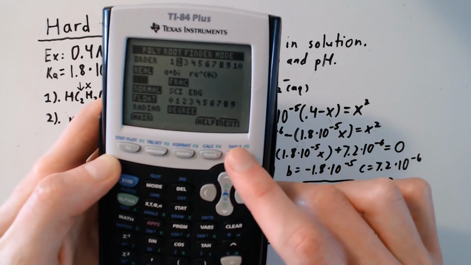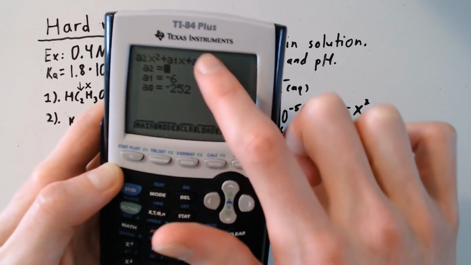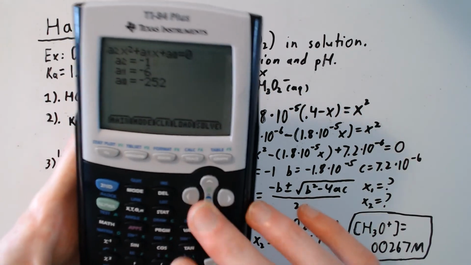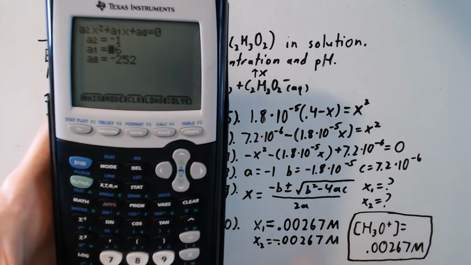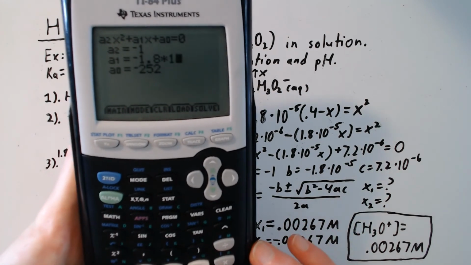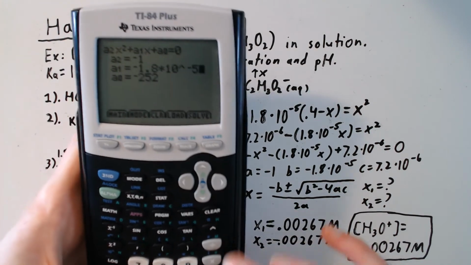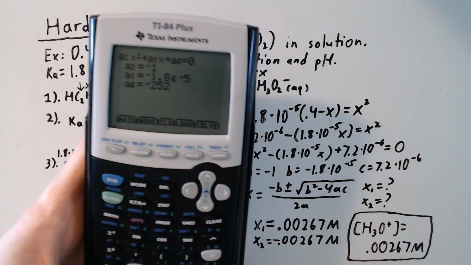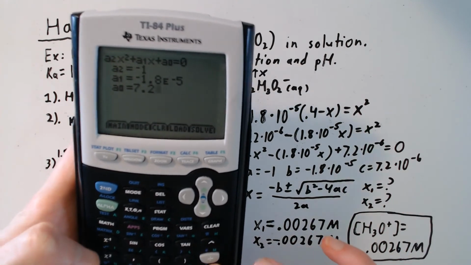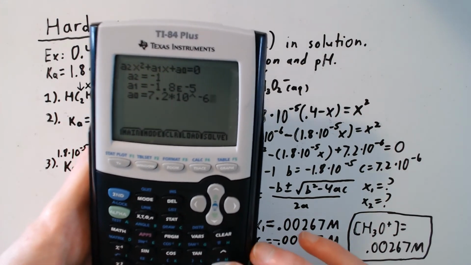And you can click this button right here to go to the next. Then you put in all of your coefficients right here. The first one is -1. The second one is -1.8 times 10 to the -5. And the third one is 7.2 times 10 to the -6th.